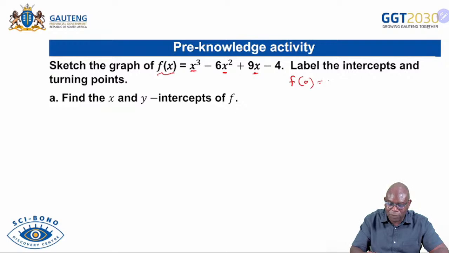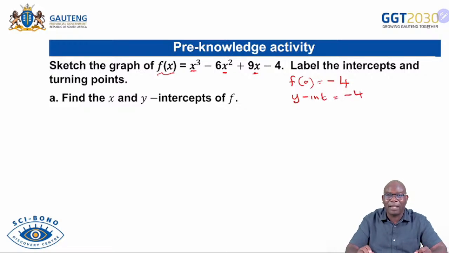So f of 0 is going to be negative 4. I hope you get that one right. So therefore, the y-intercept of that graph is going to be negative 4. In other words, when I go to my Cartesian plane, the y-intercept will be negative 4. You'll see when we go to the Cartesian plane, we'll have to check what the y-intercept is.